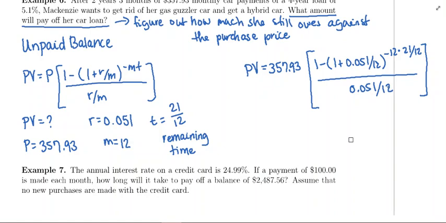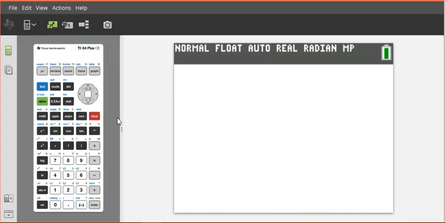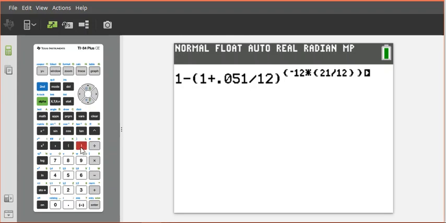Let's go ahead and put this in the calculator. We're going to start inside the brackets in the numerator: 1 minus, open parentheses, 1 plus 0.051 divided by 12, close parentheses, raise this to the negative 12 times, and I'll put in parentheses just to be safe, 21 over 12. Close the parentheses on time, close the parentheses on the exponent.